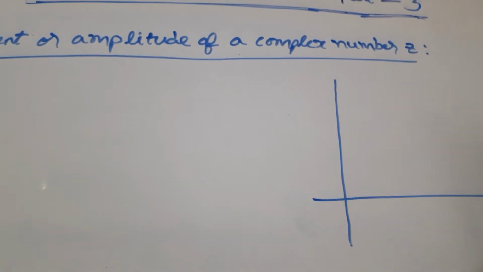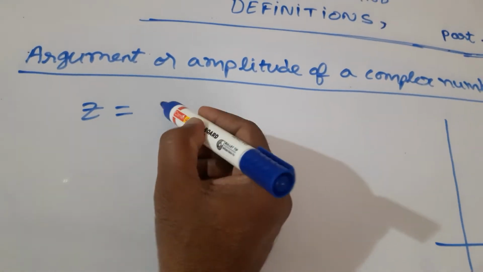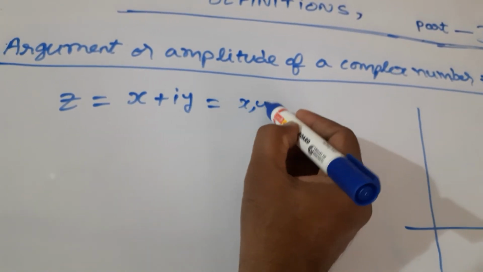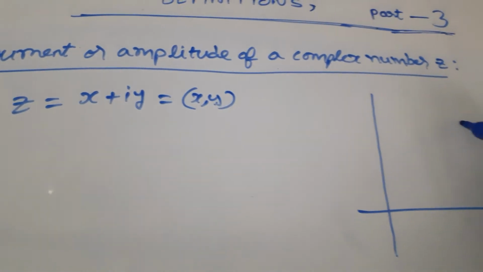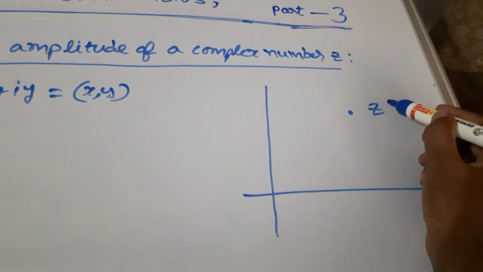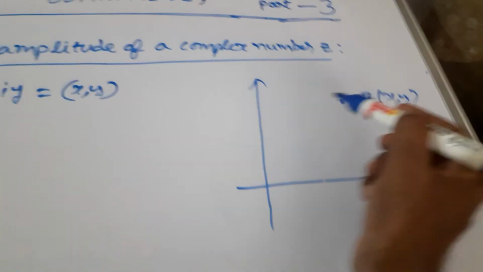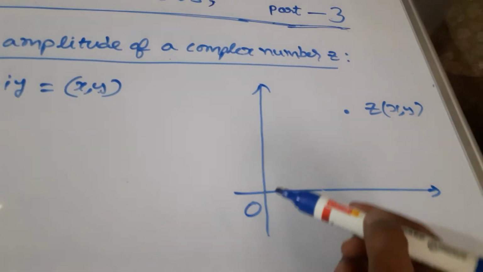Let z is equal to x plus iy, that is x comma y, be a complex number. You take in the complex plane z x comma y. Join OZ.